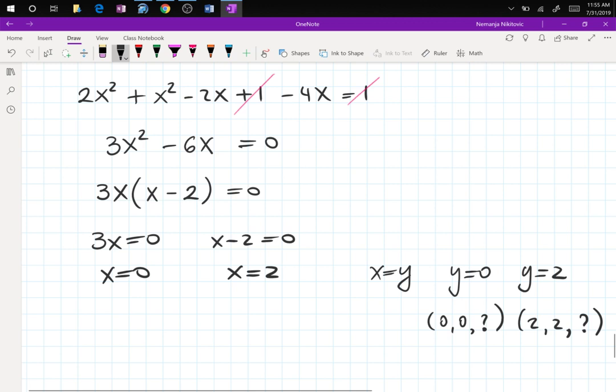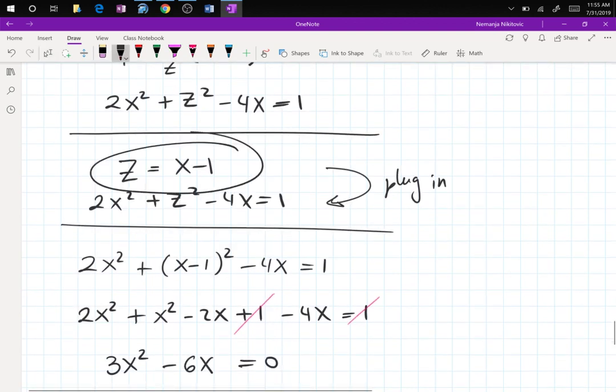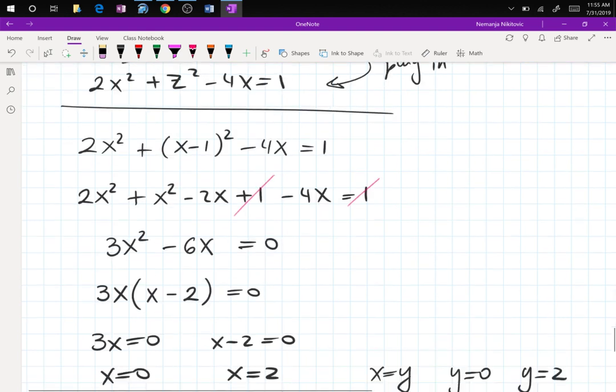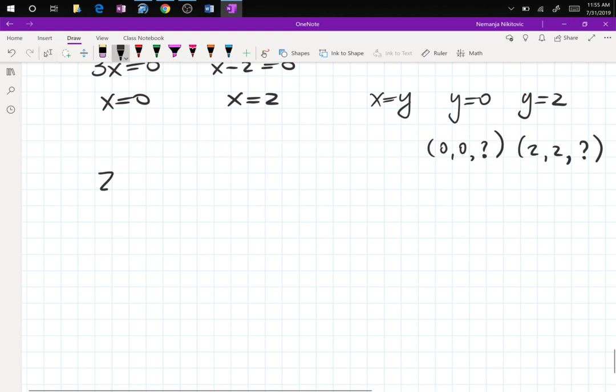And now all you need to do is compute the z value using either constraint, or if there is anything more convenient than that. Now, we did have an equation which links z nicely with x, so z is just 1 less than x, which is great. So z equals x minus 1.